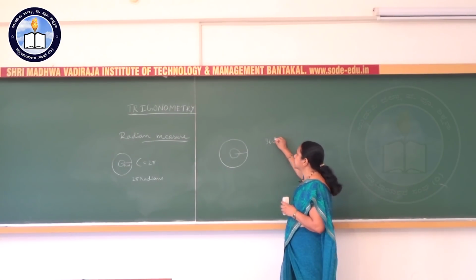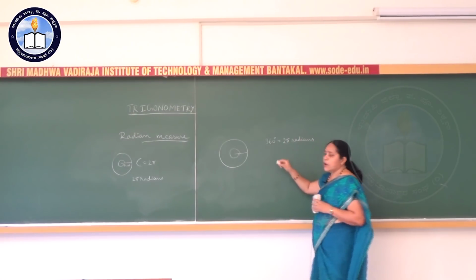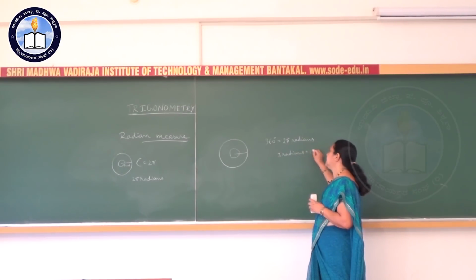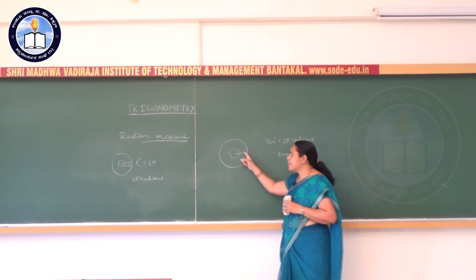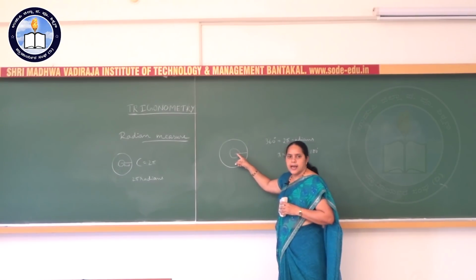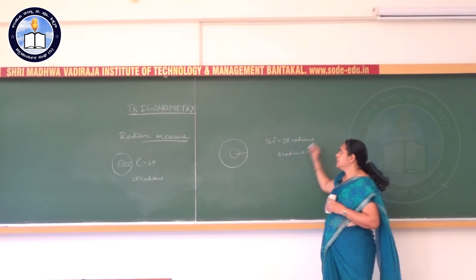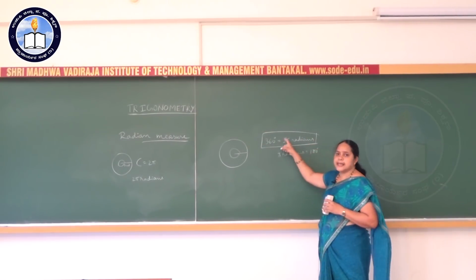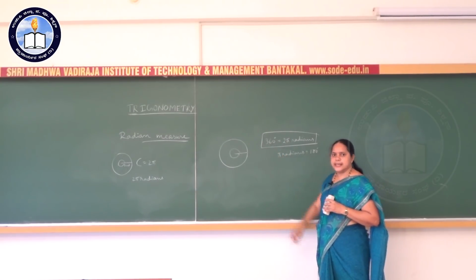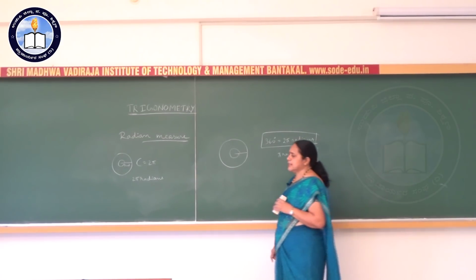So 360 degrees is equal to 2 pi radians, or pi radians is equal to 180 degrees.